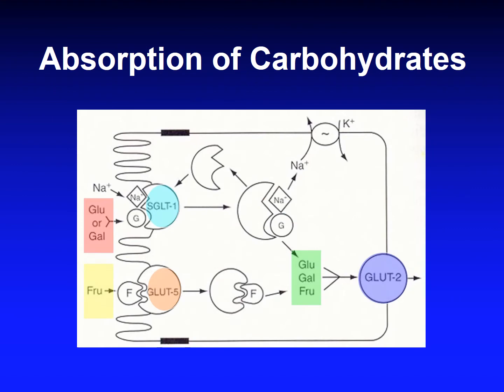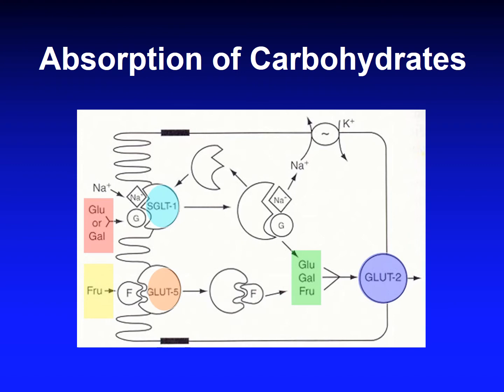This picture shows how we're going to do that. Very easy. Glucose and galactose require a carrier that we call SGLT1. SGLT1 carries glucose or galactose to the inside of the enterocyte.